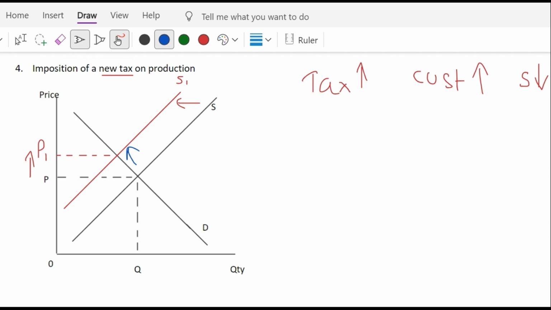It will decrease from Q to Q1. So repeating what we did, when taxes are imposed, it will become a cost for the suppliers, so they will supply less. The decrease in supply will increase the equilibrium price and decrease the quantity traded.